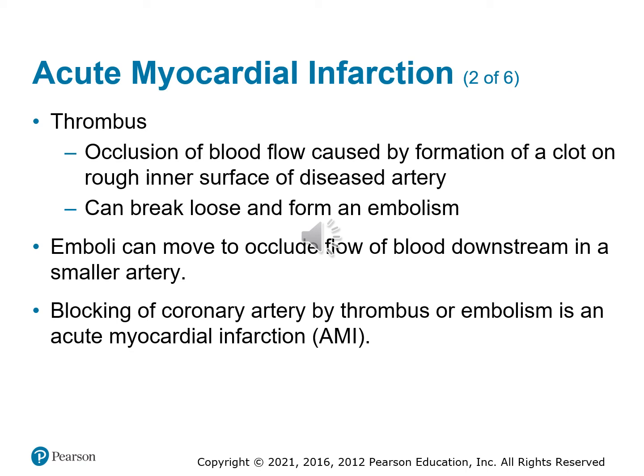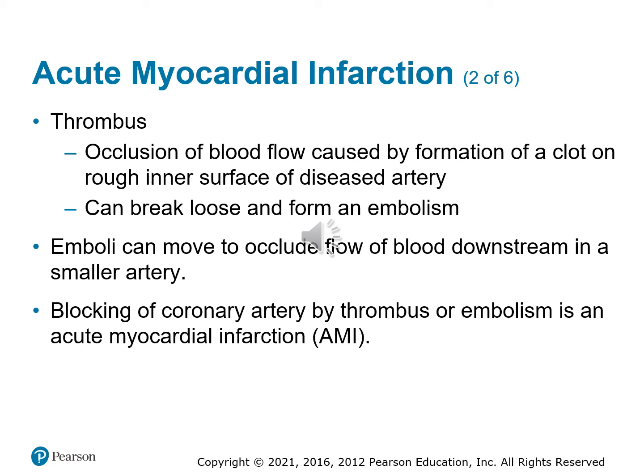Another reason an individual may have an acute MI is if they have a thrombus or an emboli. Now, a thrombus is an occlusion of blood flow due to a formation of a clot. And this is a blood clot that is then blocking or obstructing the vessel, so the heart is no longer getting its supply of oxygen.